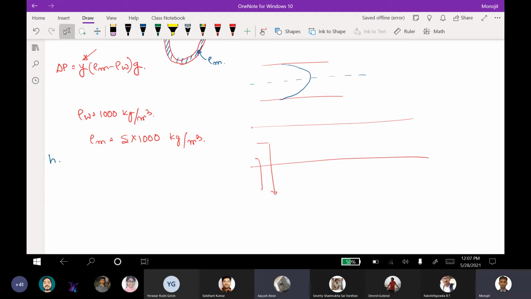No, this is at the entrance of the pipe. Your pipe is starting from here. So it will be the same. Ideally, if we are exactly at the edge, it should be the same. Why? Because it will be the same as your free stream velocity everywhere. Now let's go a bit far, somewhere here, not very far.